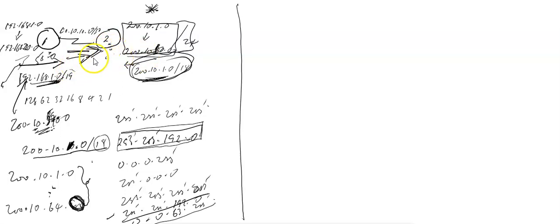When that packet gets to router 2, it will kill the packet because router 2 doesn't have those routes. So 51.0 to 64.0, these are false routes injected into the summary routes.